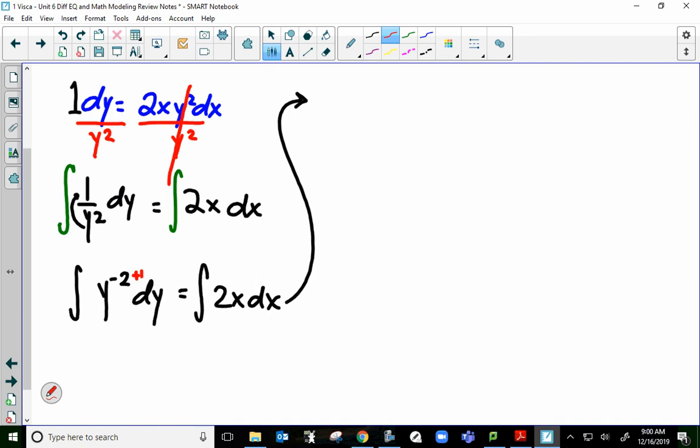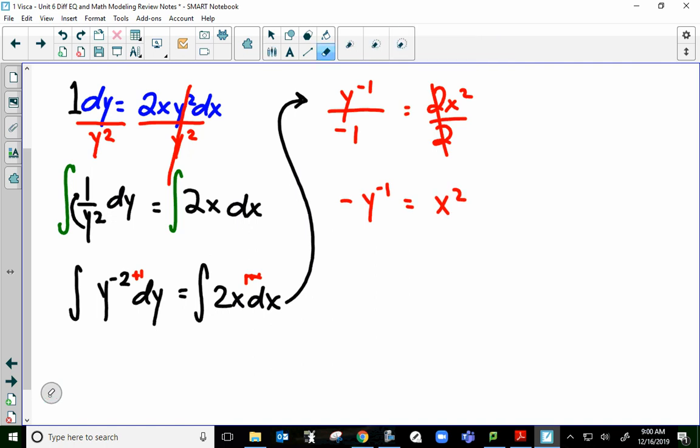That'll become y to the negative 1, and then divide by negative 1. Simple, I divide by that new exponent. For the right, 1 becomes 2, so it's 2x squared over 2. These cancel, and I end up with negative y to the negative 1 equals x squared.